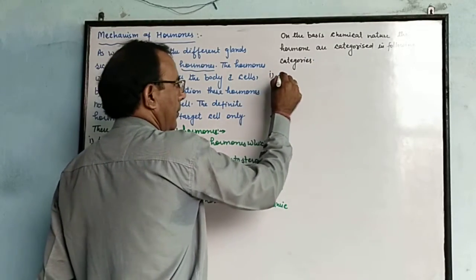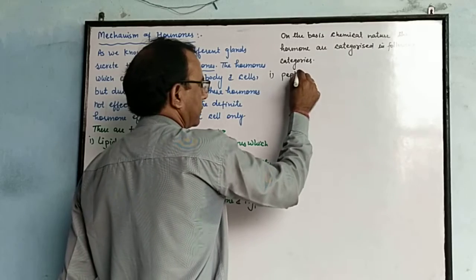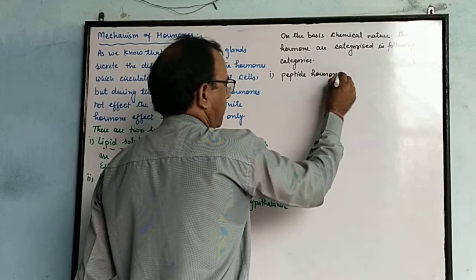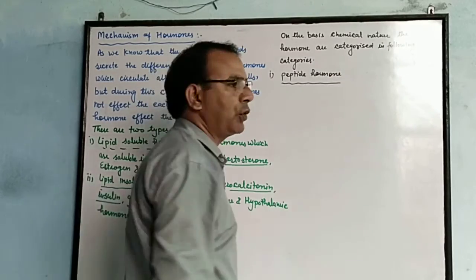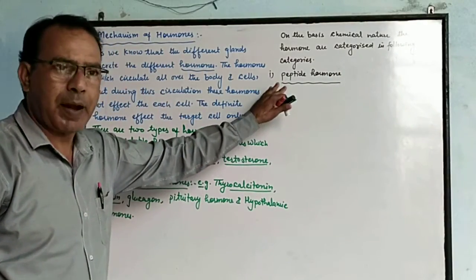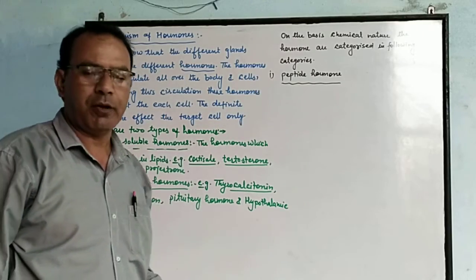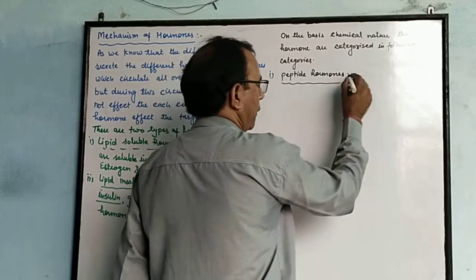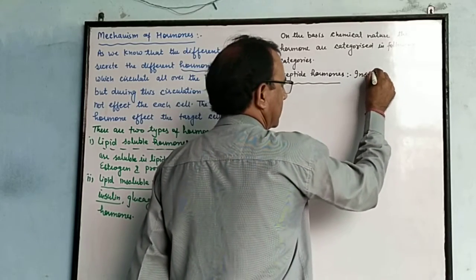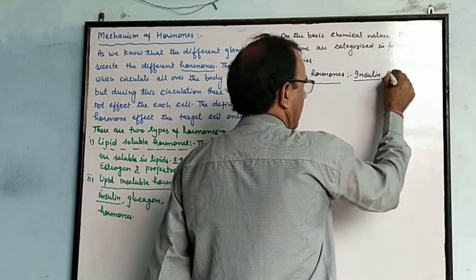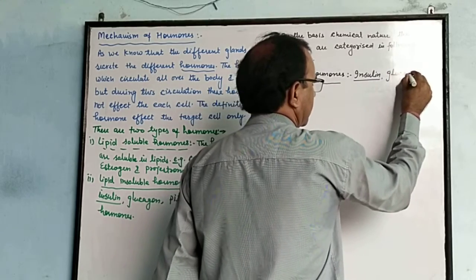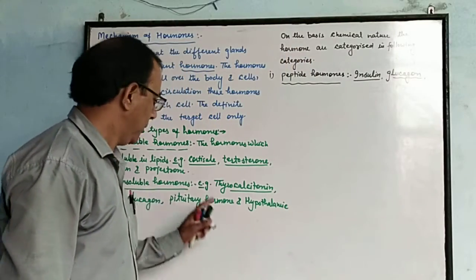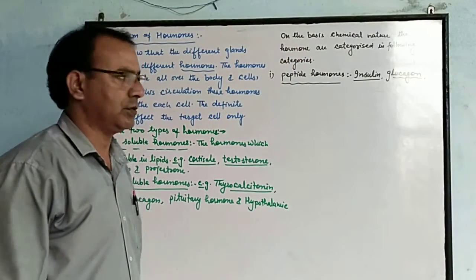Number 1, peptide hormones. Peptide, polypeptide hormones as well as protein hormones. These are called peptide hormones, polypeptide hormones and protein hormones. For example, insulin, glucagon, thyrocalcitonin, pituitary and hypothalamic hormones.